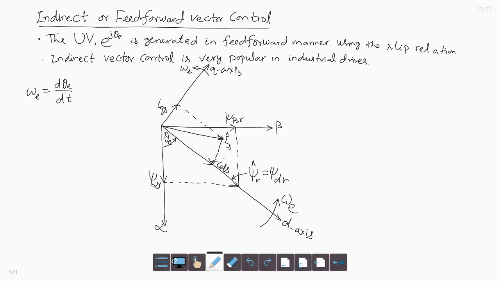So we have I beta s along the beta axis and I alpha s along the alpha axis.